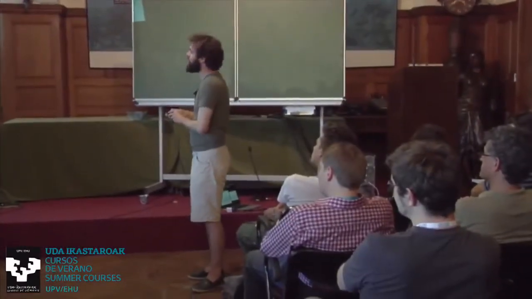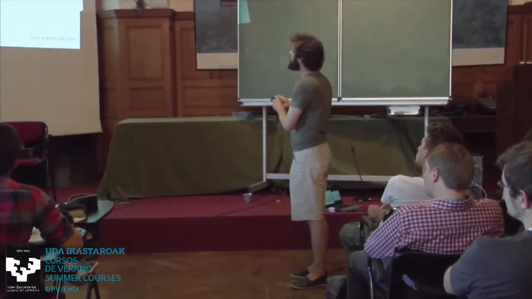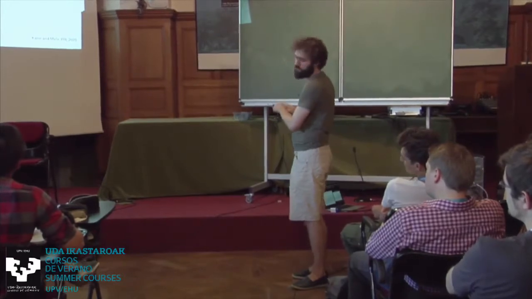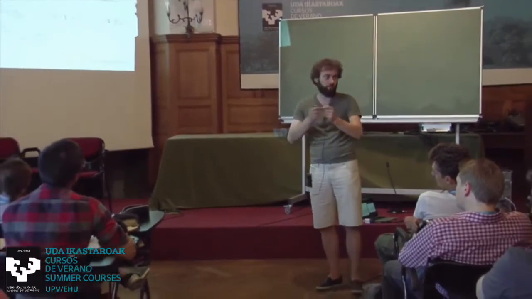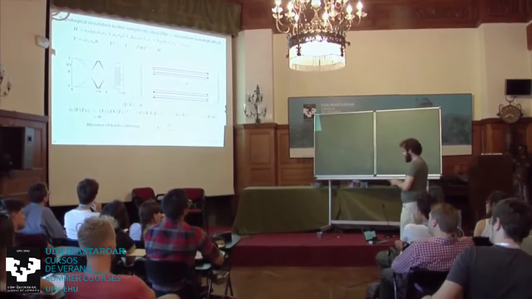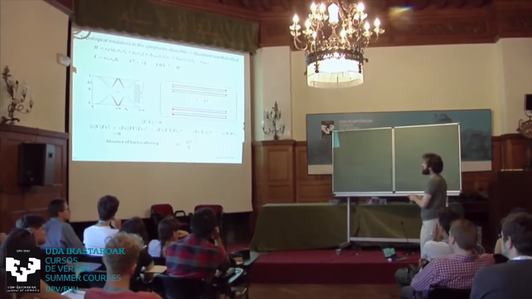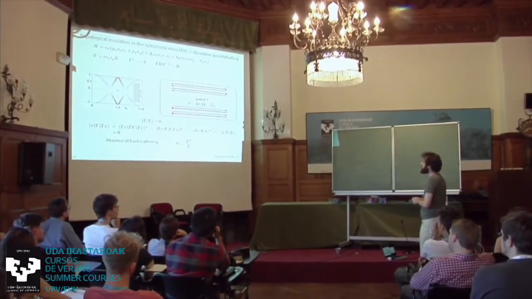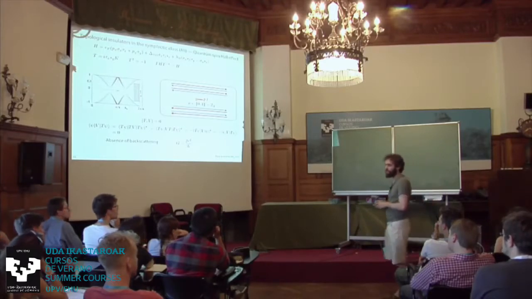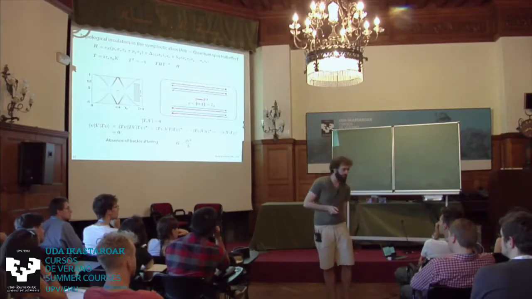But it would only tell me that this state cannot be scattered into this state, which is the time reverse of it, and this one cannot be scattered into this one, but this blue one can be scattered into the red one of the other pair. And therefore, they can couple together, and they can gap out, and then they can disappear. And therefore, a time-reversal invariant quantum spin Hall insulator with nu equals 2 does not exist. There are only two 2D time-reversal invariant insulators. It's a trivial one, and it's the quantum spin Hall effect. That's where the Z2 comes from.